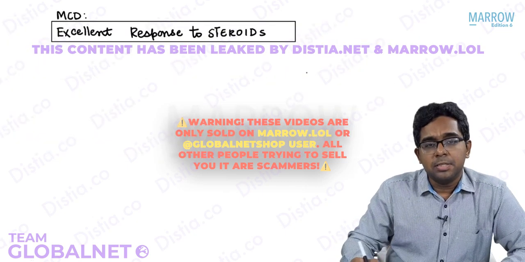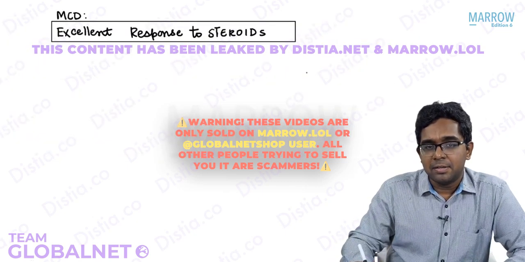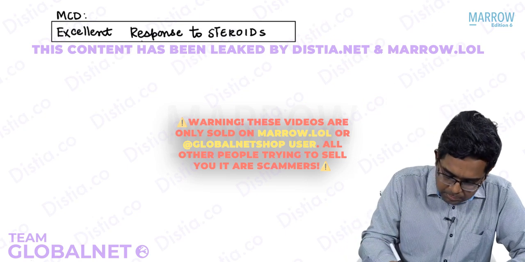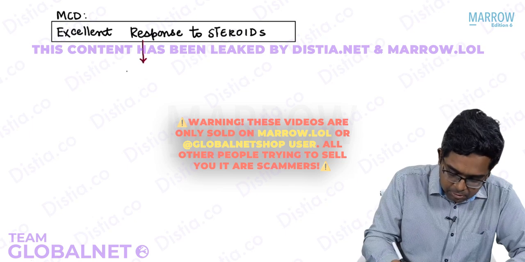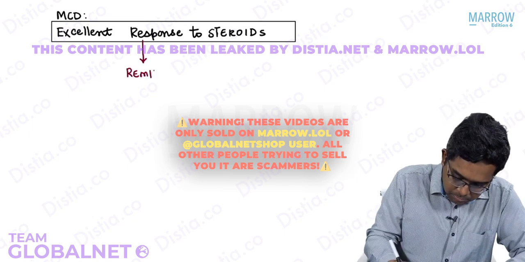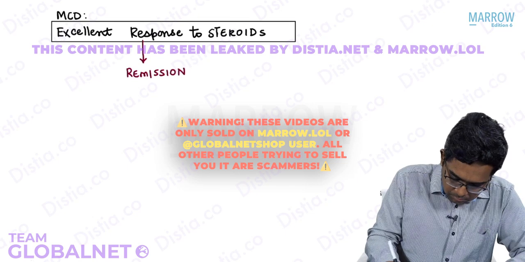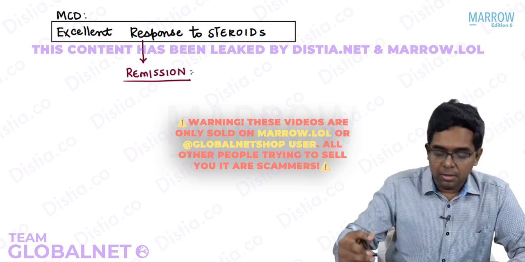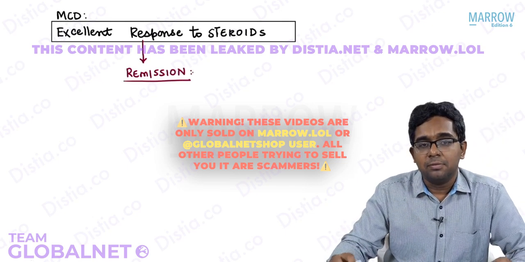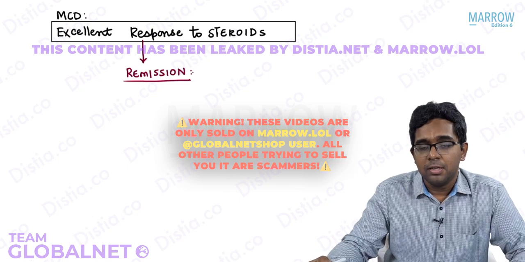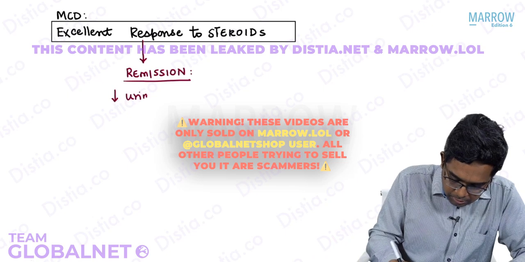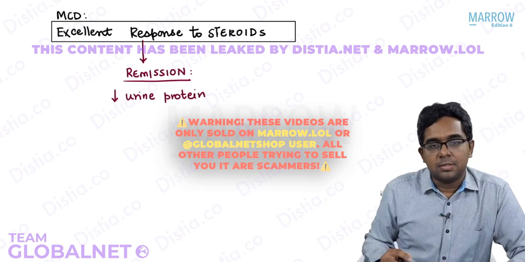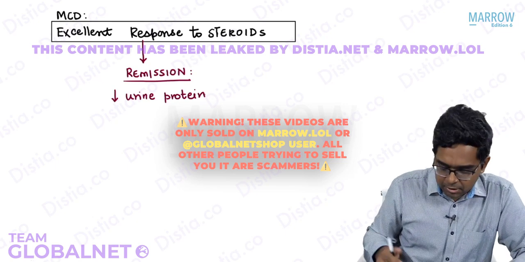As I said, minimal change disease is characterized by an excellent response to steroid. What is the response defined by? This response is defined by something called remission. Remission refers to a condition wherein the child has responded by decrease in the urine protein excretion to normal levels. And what is that normal urine protein excretion defined by?